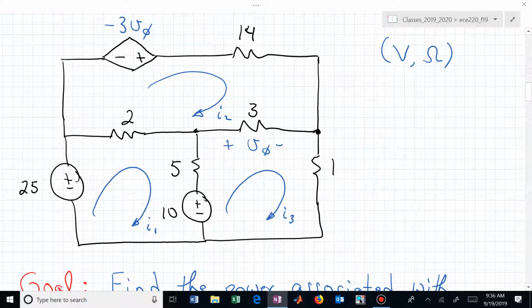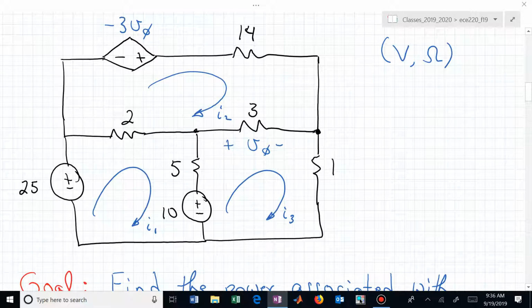And it's not special how those are identified. I1 could have been the top one. But obviously our answers would be different in terms of how they are labeled, but we would get consistent results.